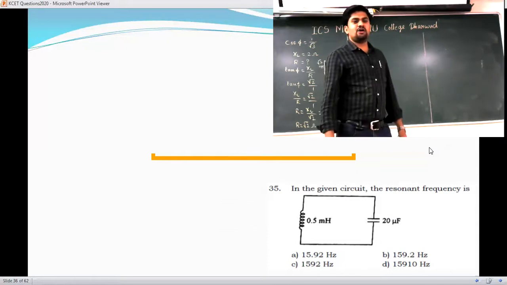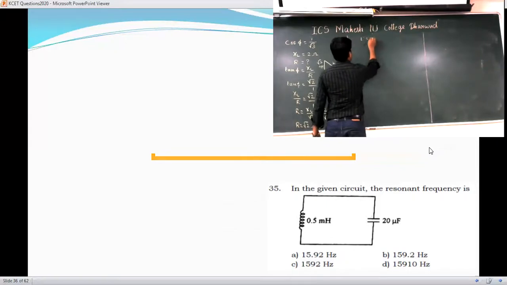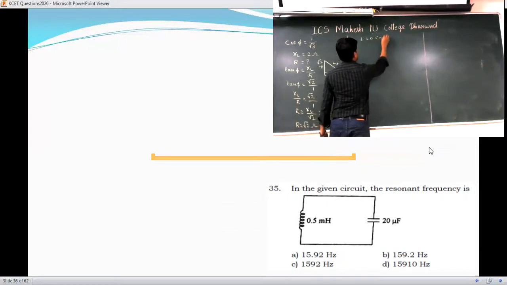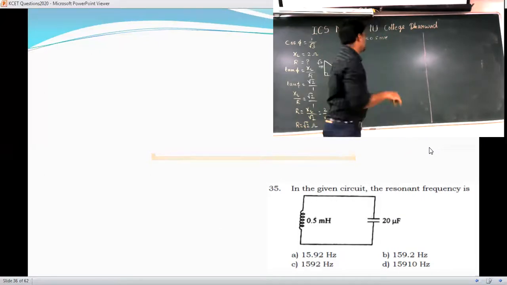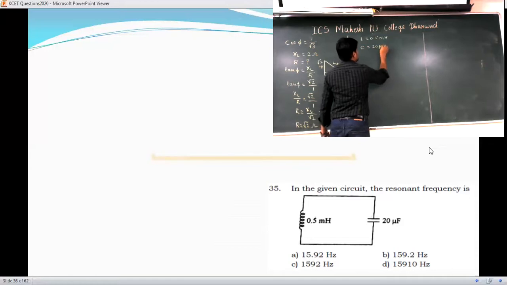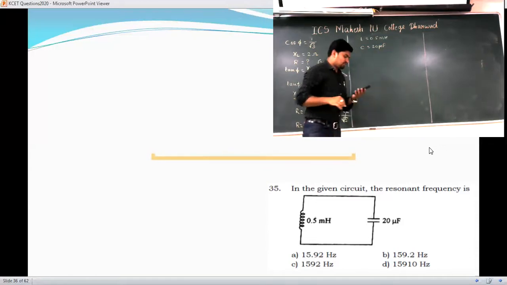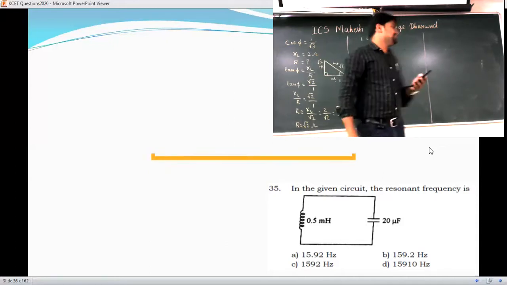In that circuit, the value of L is 0.5 millihenry, and the value of C is 20 microfarad. What you have to calculate is the resonant frequency. Very simple problem.